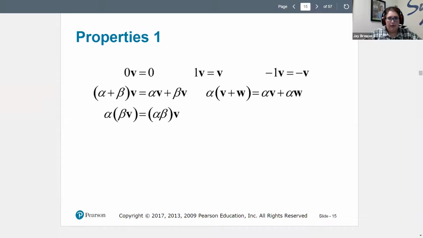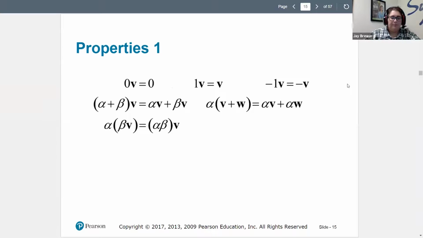You want to write down your properties. The zero vector, of course, is equal to 0. 1 times the vector is equal to the vector. Negative one times the vector is equal to the negative vector.